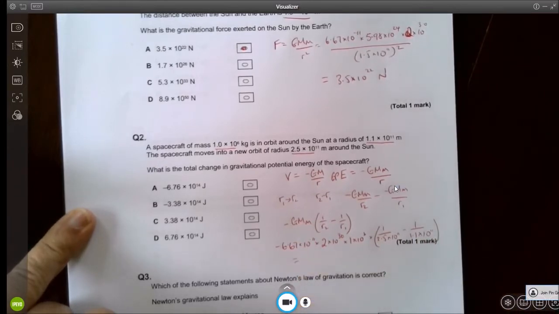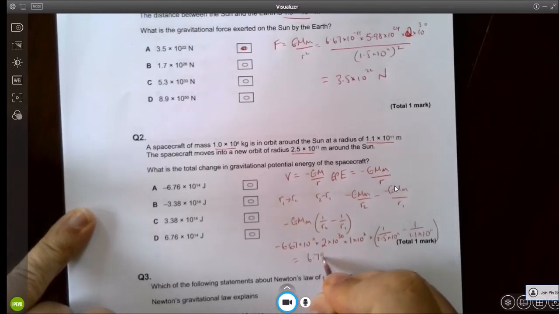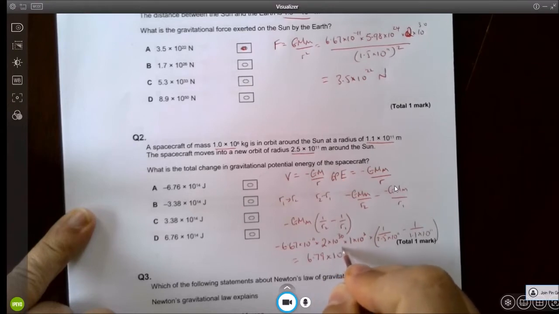If you stick that in your calculator, it comes to 6.79, actually I've got times 10 to the 14 joules.